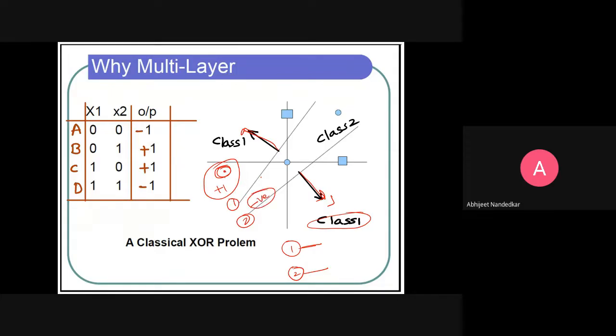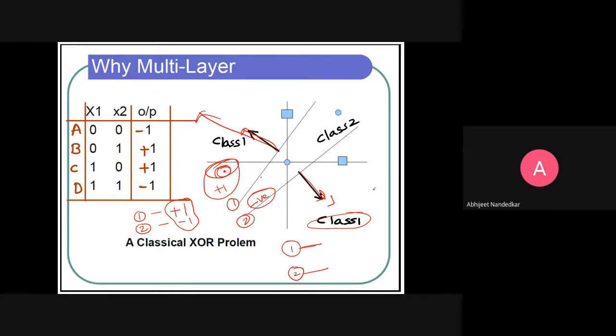Whenever you get neuron 1 producing +1 and neuron 2 producing -1, it is actually a class 1 sample, because I know this is the zone of class 1.